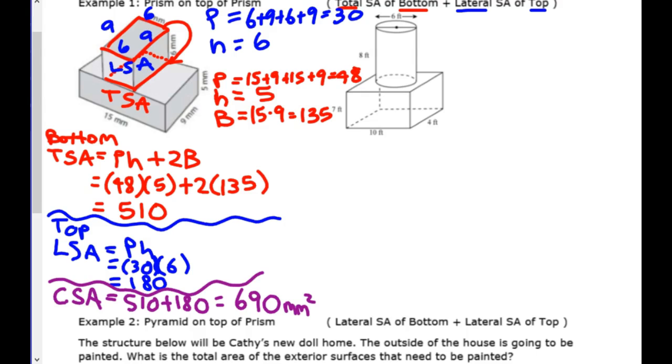Anything to add? Surface area, lateral surface area. PH is lateral surface area of the top. Where'd I get what? So big B, area of the base, on this bottom rectangle is 15 times 9.